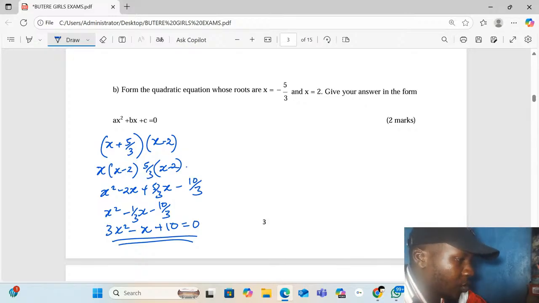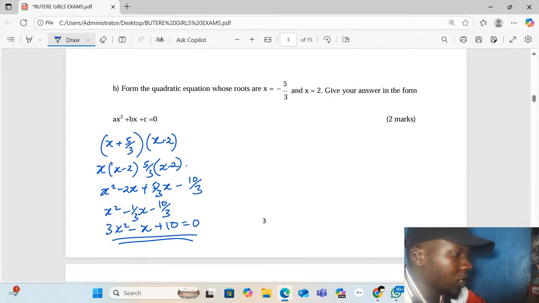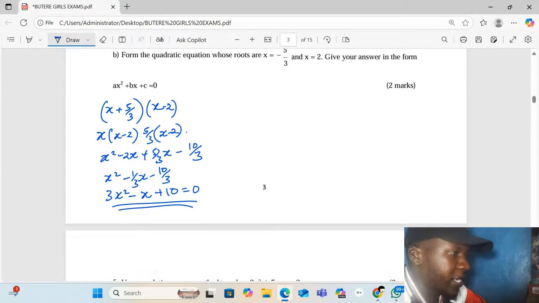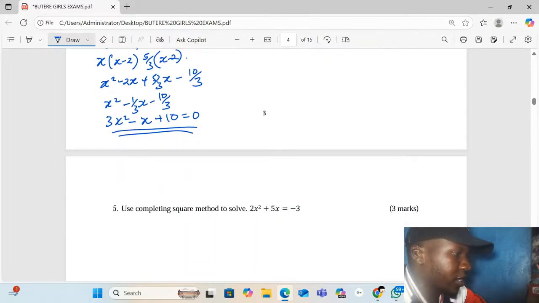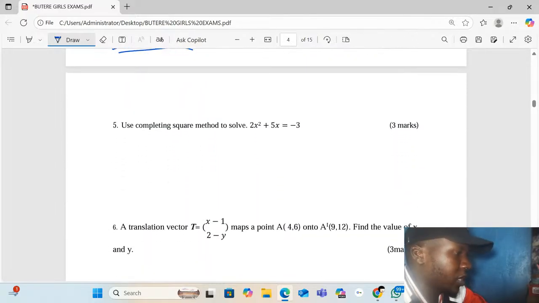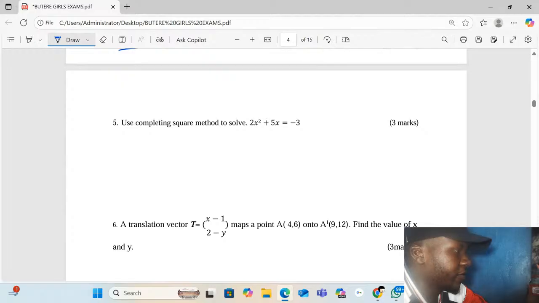So this is now our quadratic equation, that when you work it out, you are going to get your roots as x to be negative 5 over 3 and x to be 2. So that is how you get your remaining 2 marks for number 4. Then we move to question number 5.